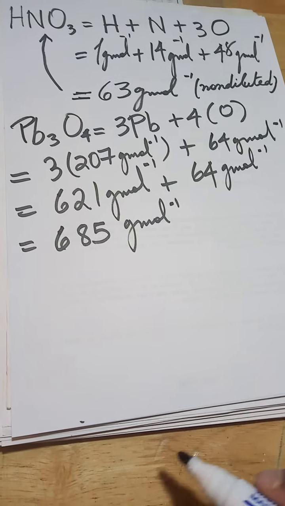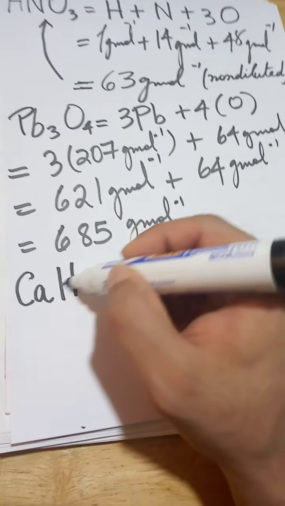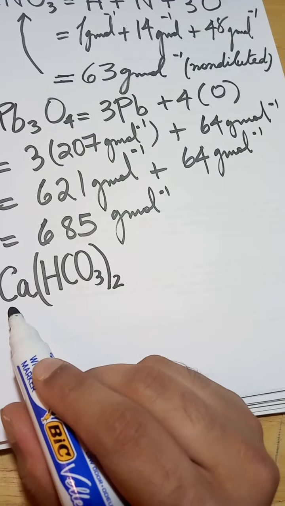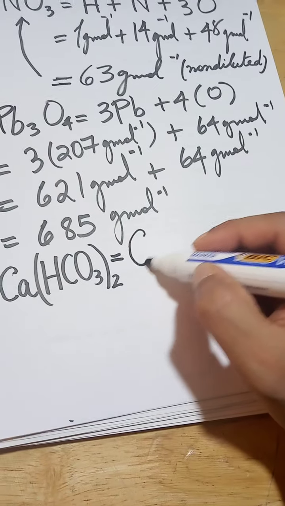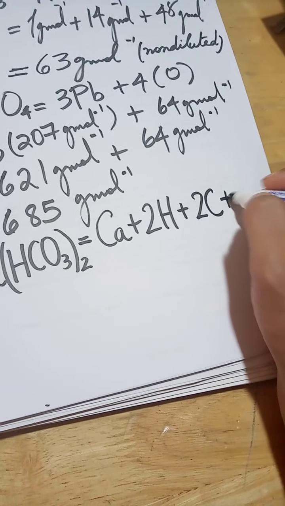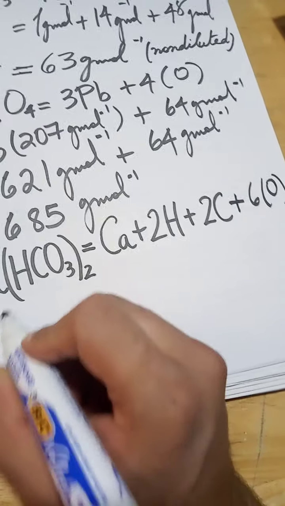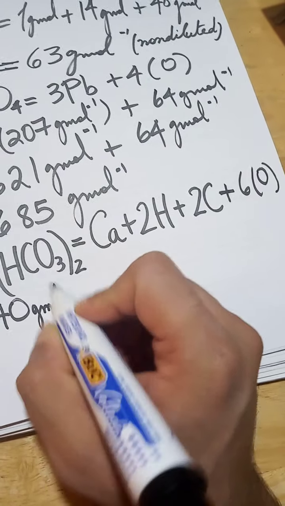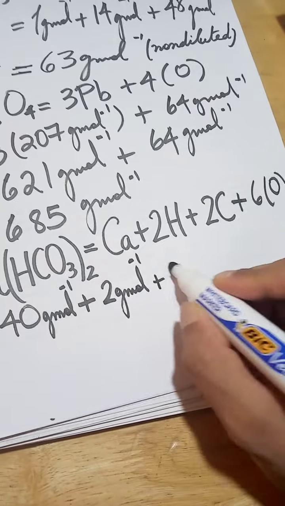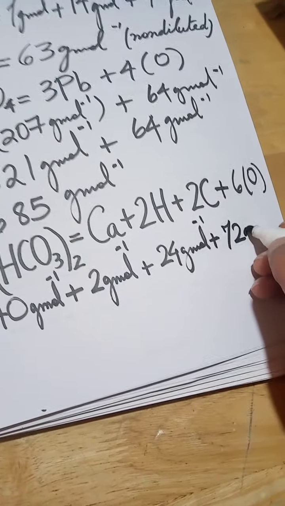And then the next one I'd like to go for is calcium bicarbonate. Why? Because bicarbonates are -1 and calcium is divalent, so this is how it constitutes. 1 atom of calcium, 2 atoms of hydrogen, 2 atoms of carbon, plus 6 atoms of oxygen. So that's 40 grams per mole, 2 grams per mole, 24 grams per mole, and 72 grams per mole.